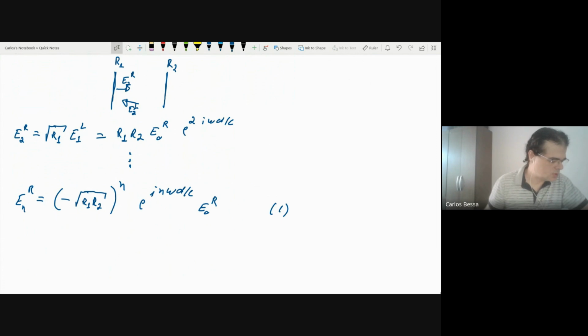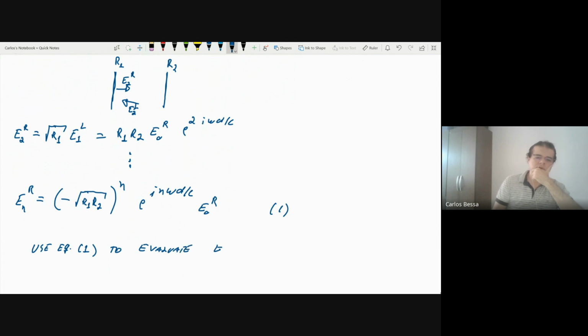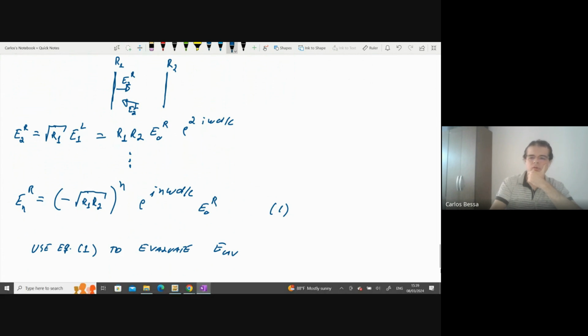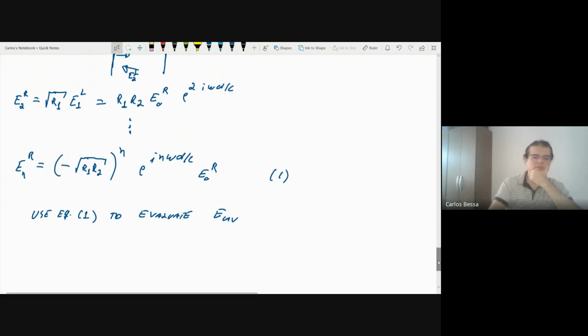And we can use equation 1 to evaluate E cavity. E cavity will be the sum over n of all these E's.